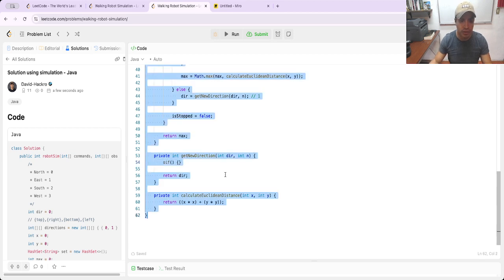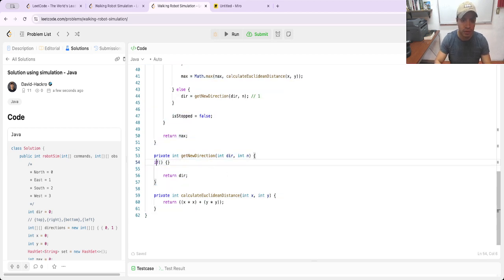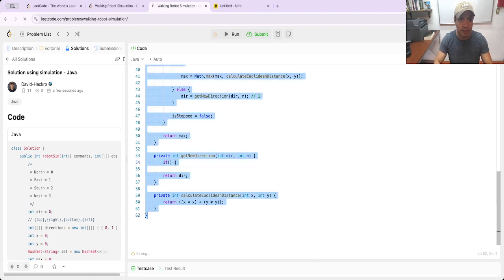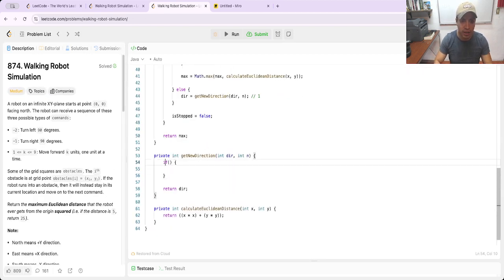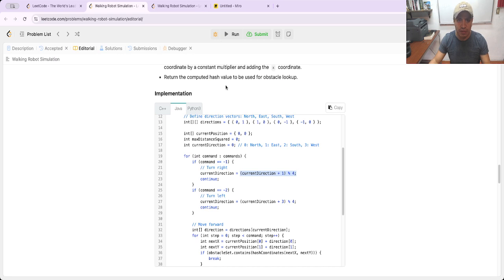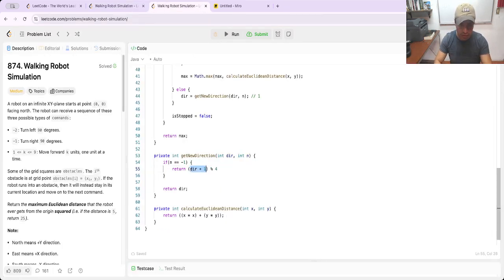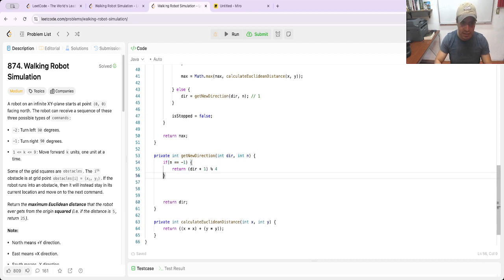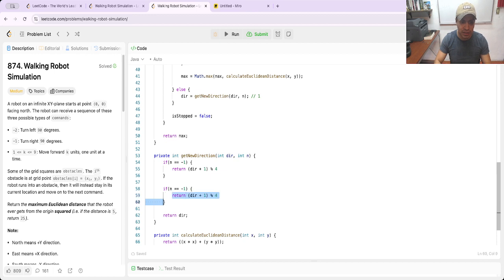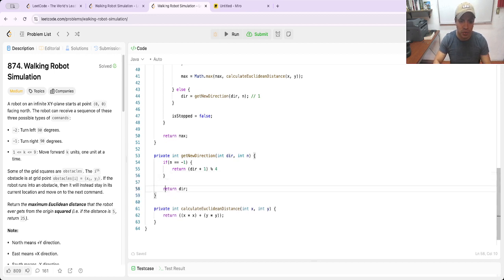Oh come on, leetcode. Okay, of course. When n is equal to less 1, return dir plus 1 modulo 4. Yeah, because there are 4 directions. And here, basically the else is not even necessary because we can only have two possible directions.